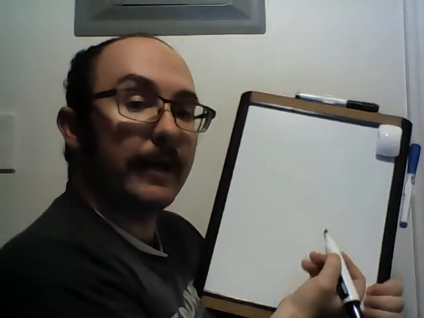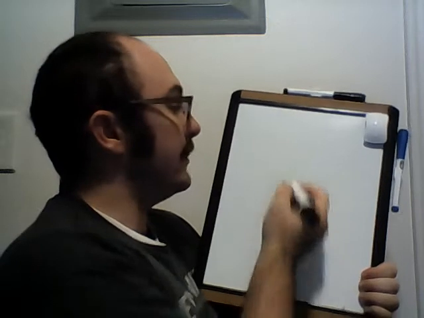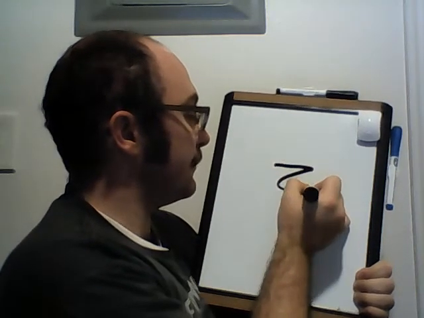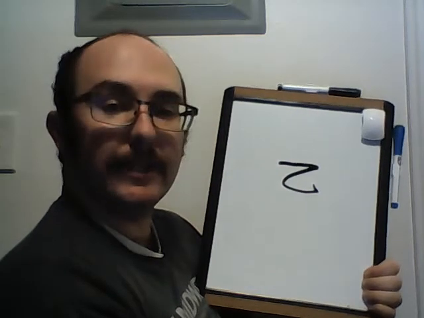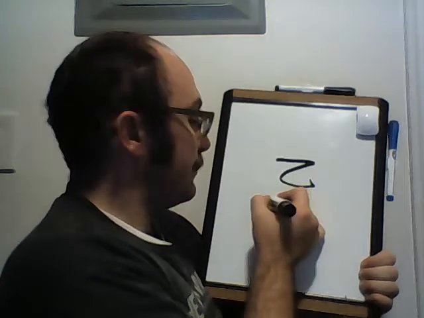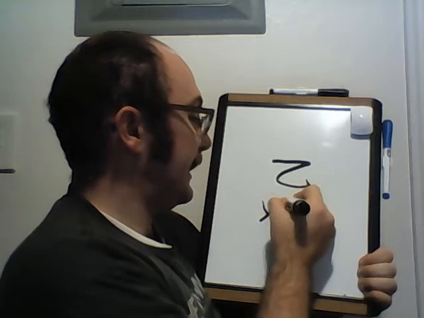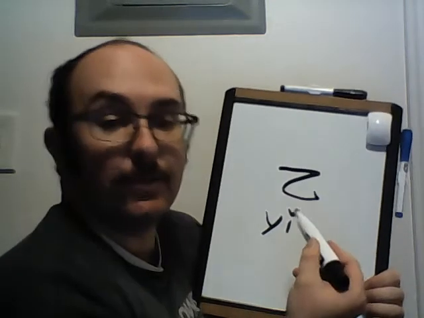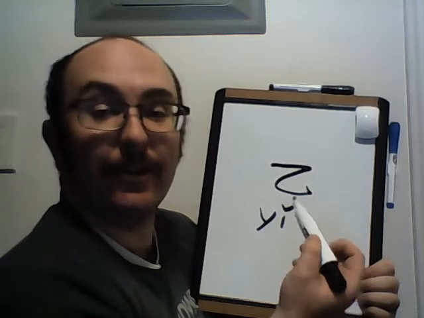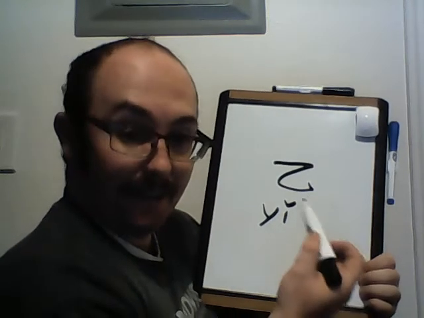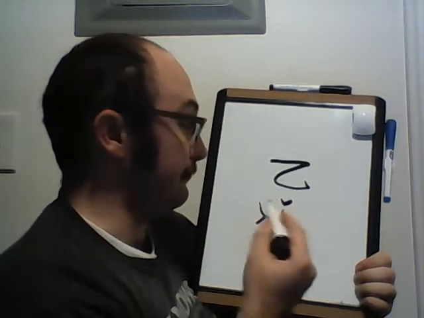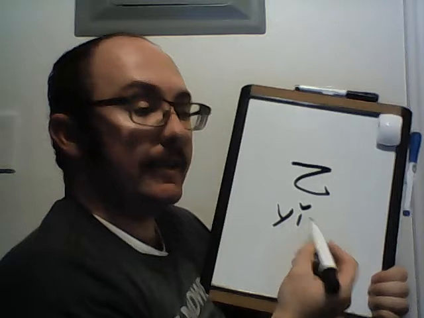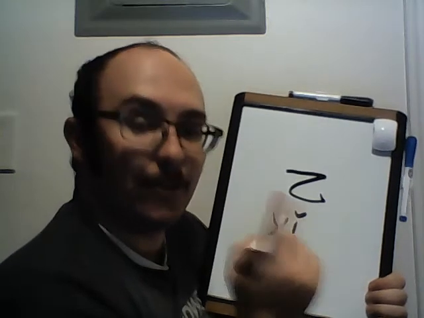Right, and the fifth and final radical that we're going to go over today in this video is probably the most complex of the 5, and it kind of looks like an upside down 2. It is pronounced yi, and this is one just like the first one, yi, where they're also a character in which they're their own radical. Okay, yi. And this character is kind of an interesting one in that it also means 1.